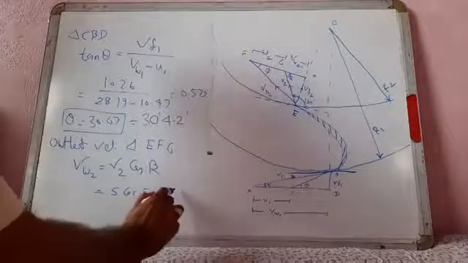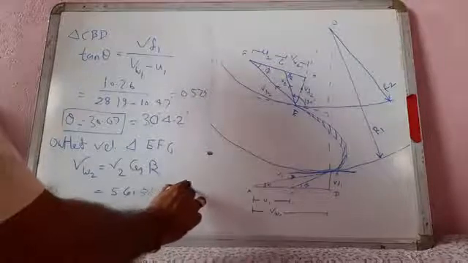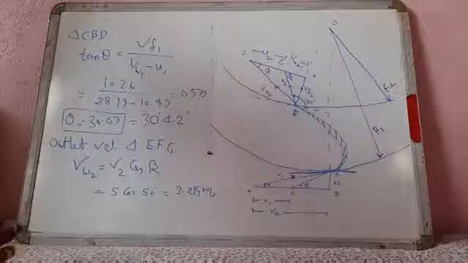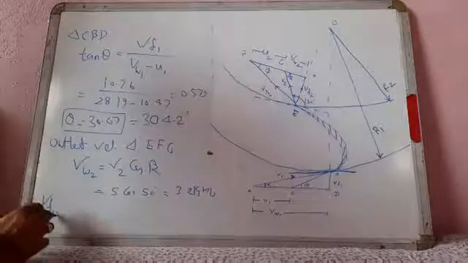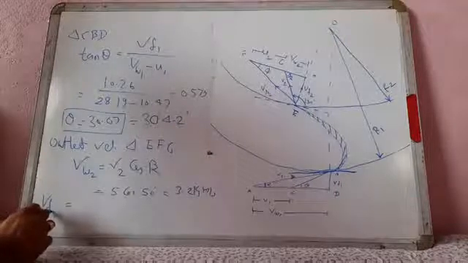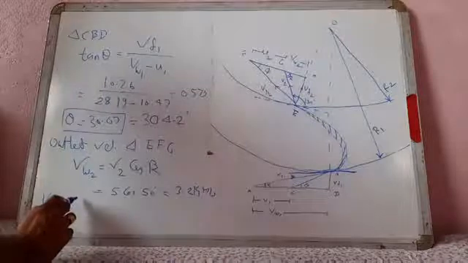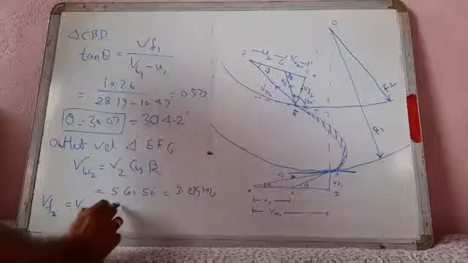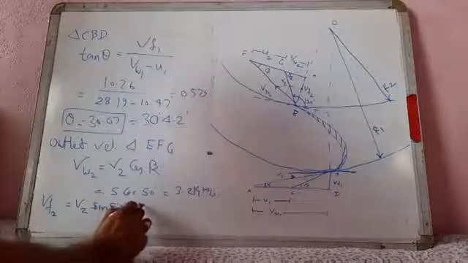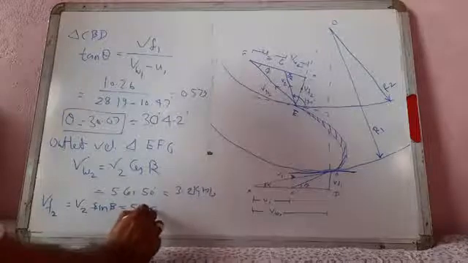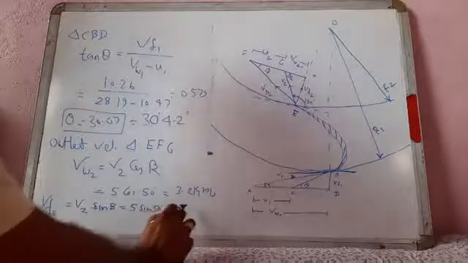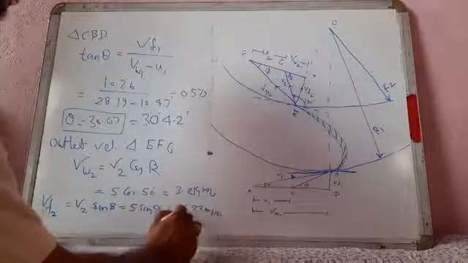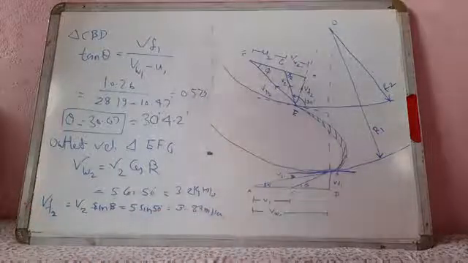So this comes to 3.214 meters per second, and the value of VF2 equals V2 sin beta equals 5 sin 50. So this value comes to 3.83 meters per second.